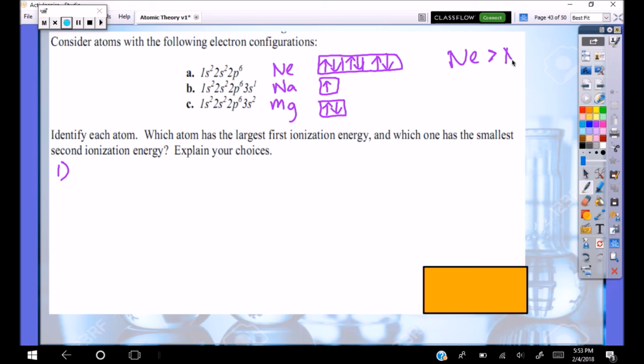And then sodium, and then magnesium. The reason why: if we look at neon, we know neon has a p subshell that's completely filled.